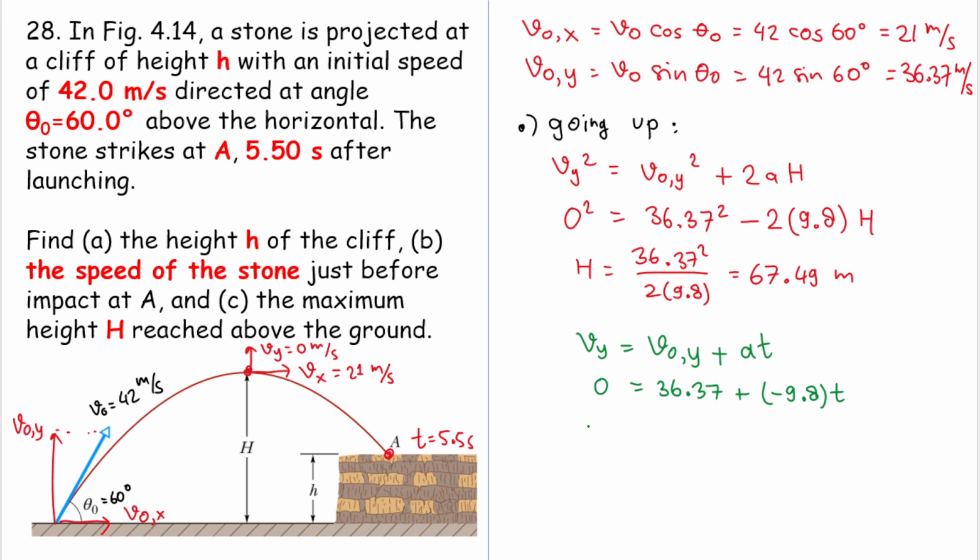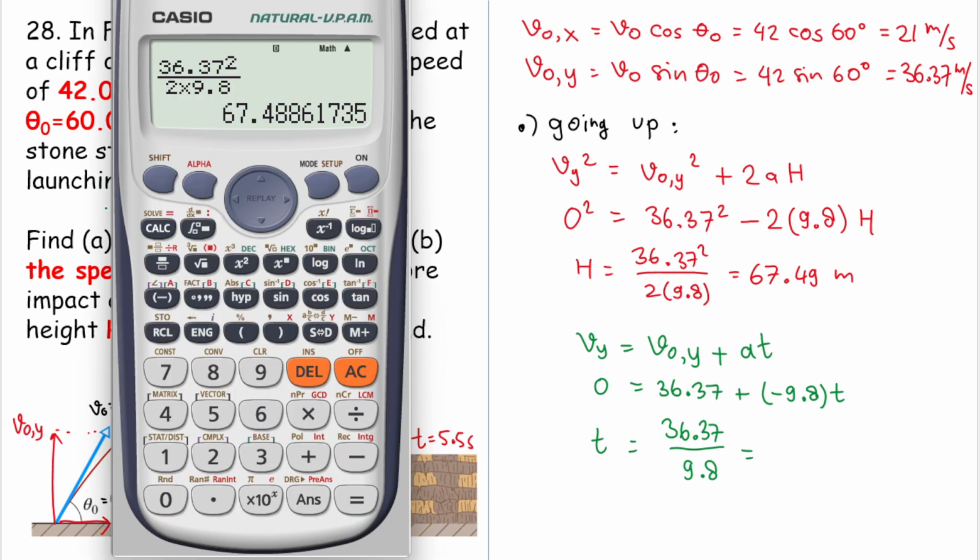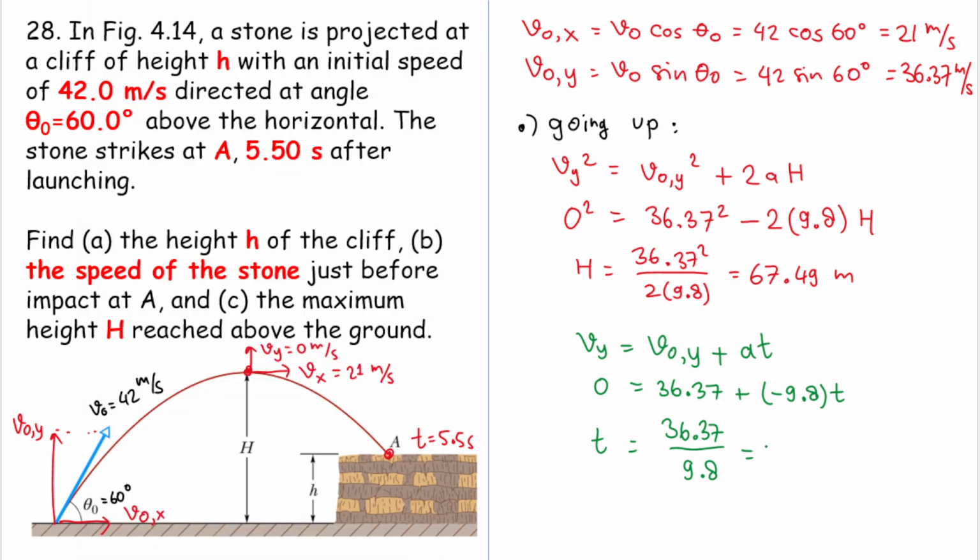So the time is equal to 36.37 divided by 9.8, and we will have 3.71 seconds going up.